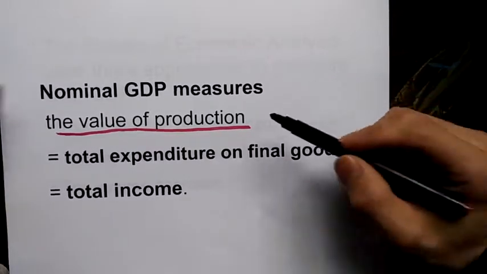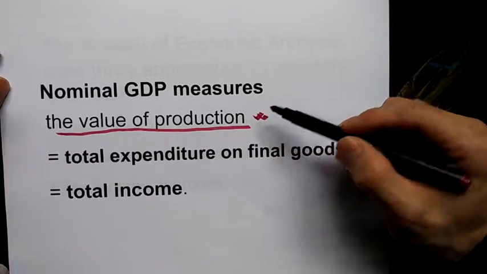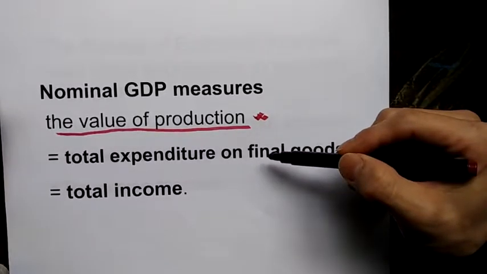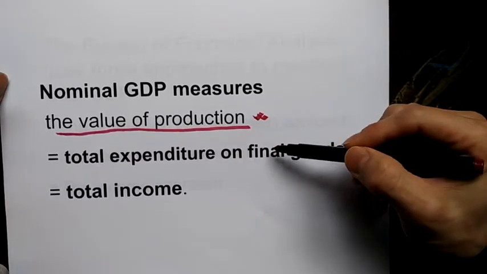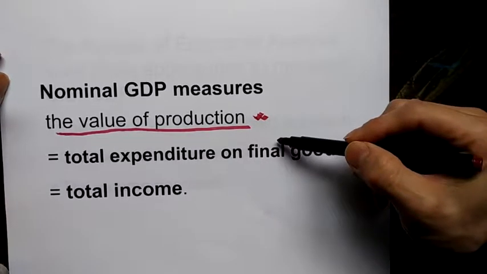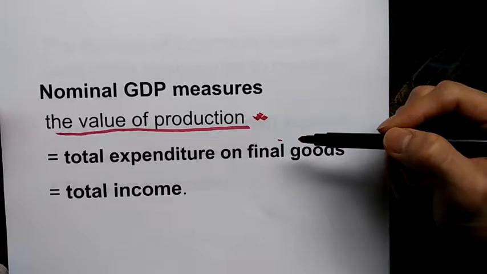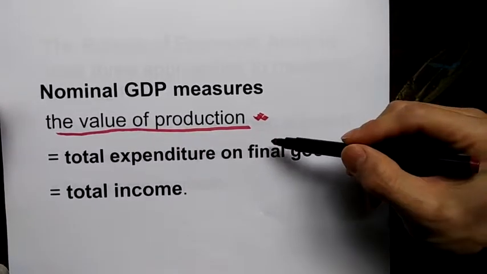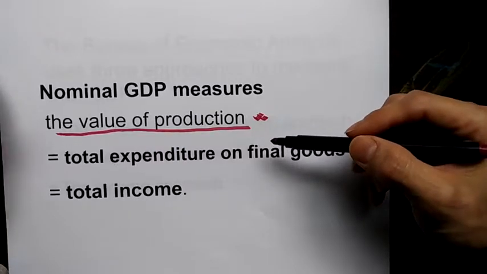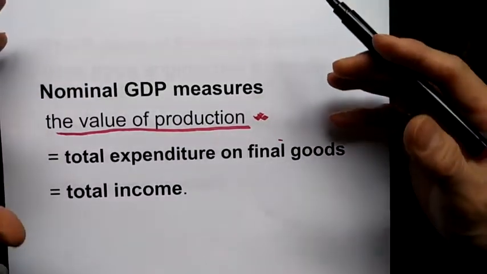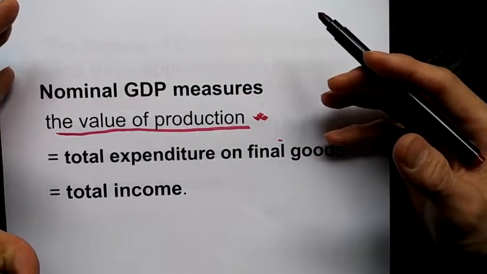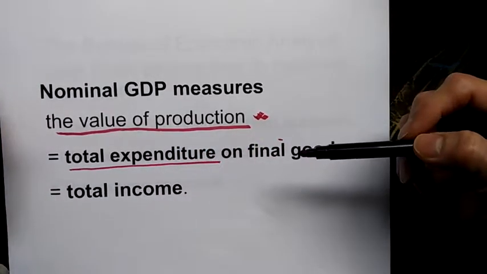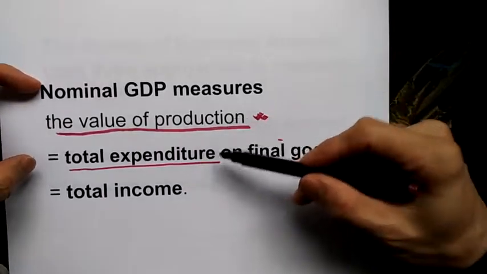That is, everything produced in this economy must be purchased by some people in this economy by using their income. Therefore, if you sum up the total production in this economy, and then you calculate the total expenditure in this economy, they should be equal.